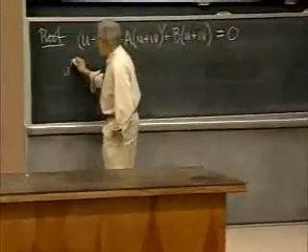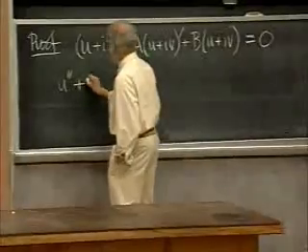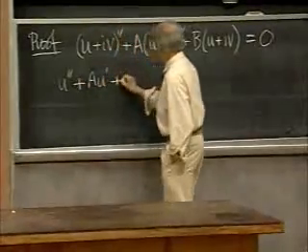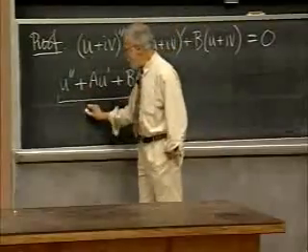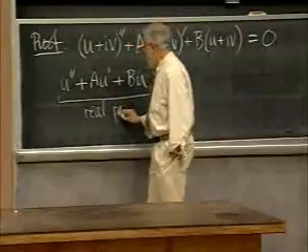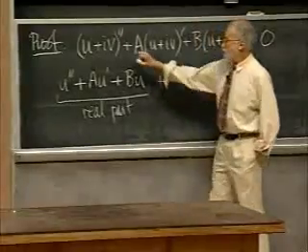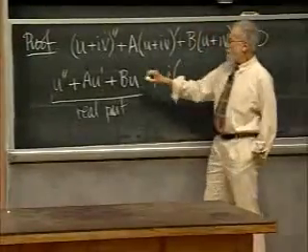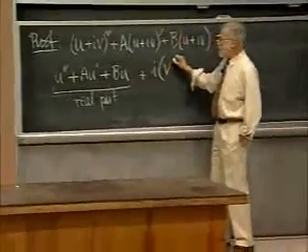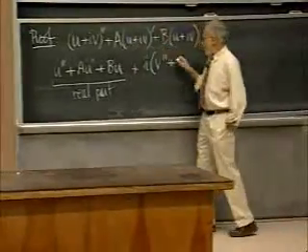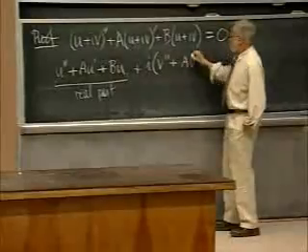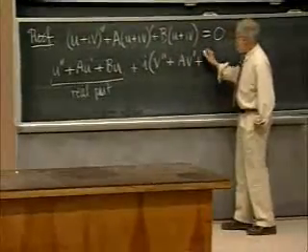It says u double prime plus a u prime plus b u. That's the real part of this expression when I expand it out. And I've got an imaginary part, too, which all has the coefficient i. So from here I get v double prime plus i times a v prime plus i times b v.